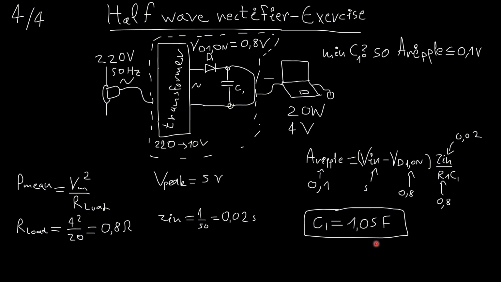The capacitance is 1.05 farad. This is huge. I cannot easily accommodate a capacitor like this without making it very, very large, very, very big. As circuit designers, we must be very careful in order to make our circuits practical. I could use a full wave rectifier, but that would cost me an extra 3 diodes.